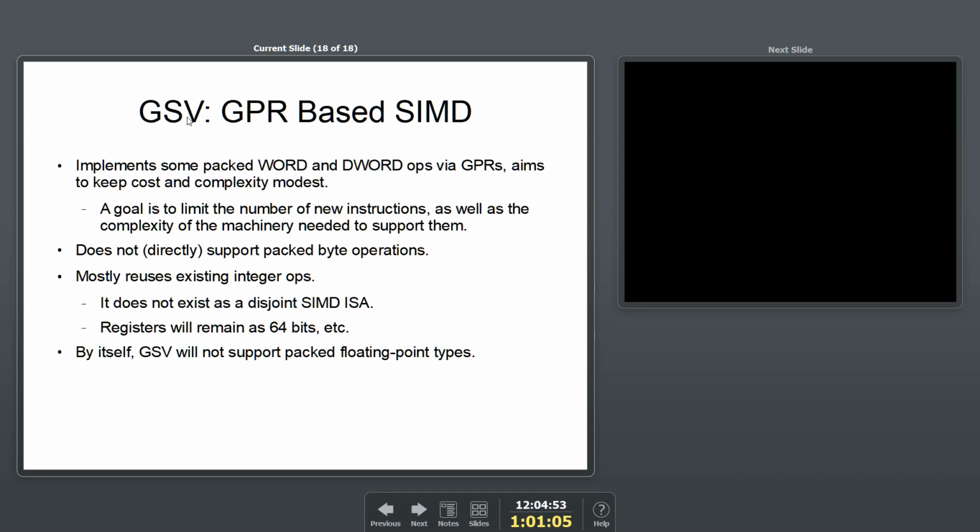So, GSV, GPR-based SIMD. This implements some packed word and D-word operations via GPRs and aims to keep the cost and complexity relatively modest. A goal here is to limit the number of new instructions as well as the complexity of the machinery needed to support them.